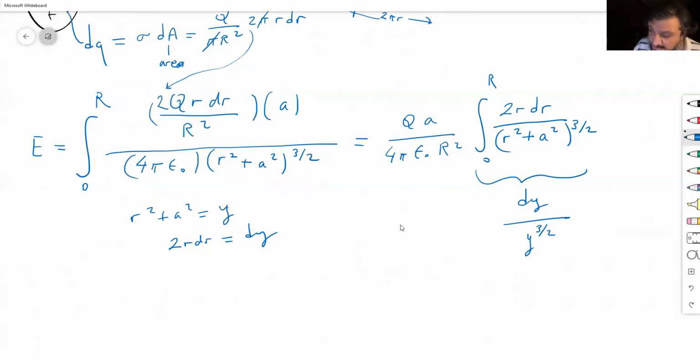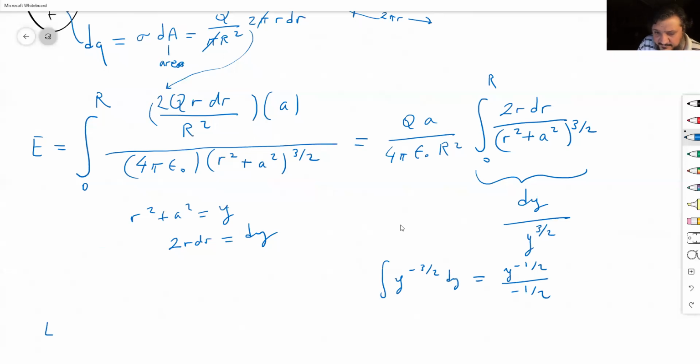So y to the power negative 3/2 dy: you raise the power by 1 and divide by it, so y to the power negative 1/2 divided by negative 1/2.